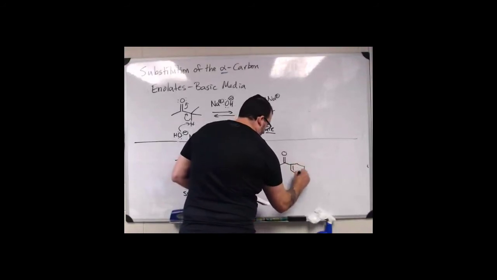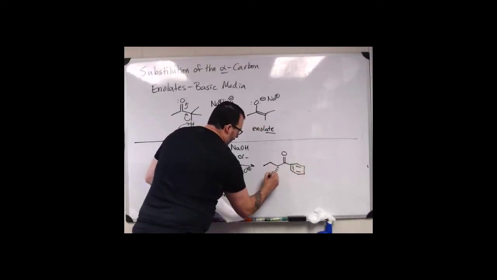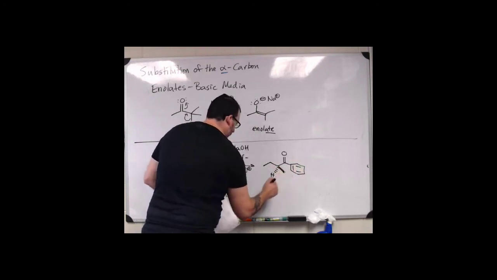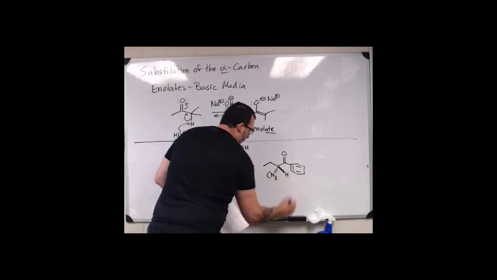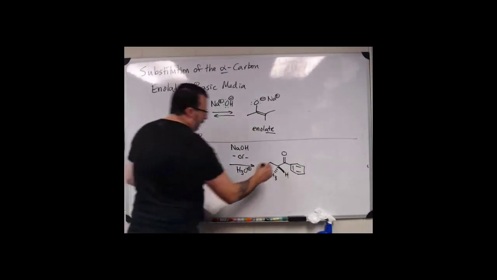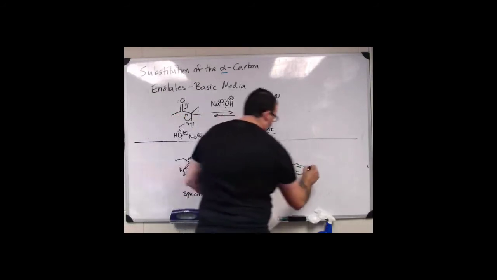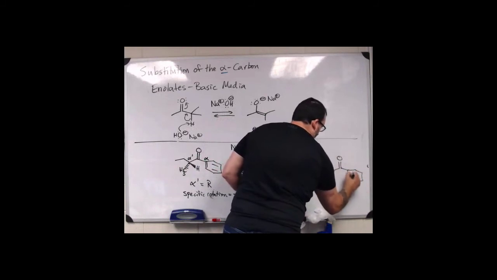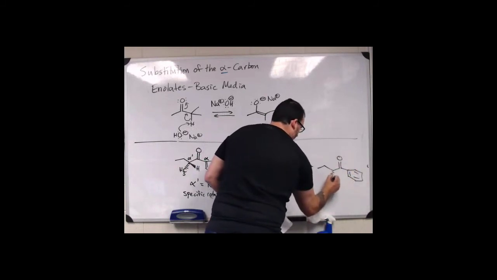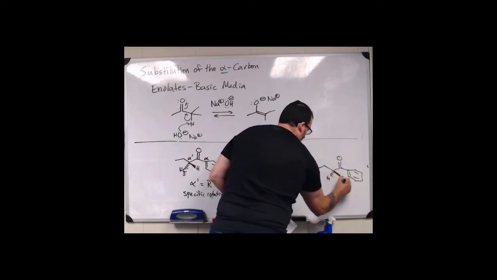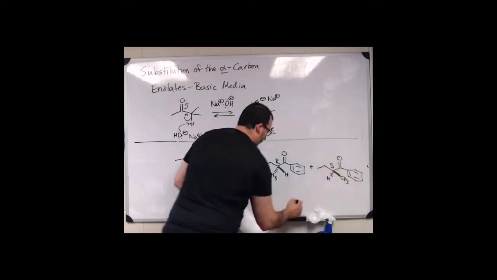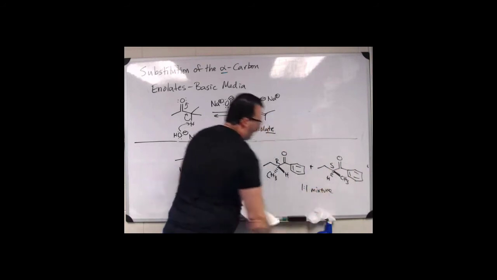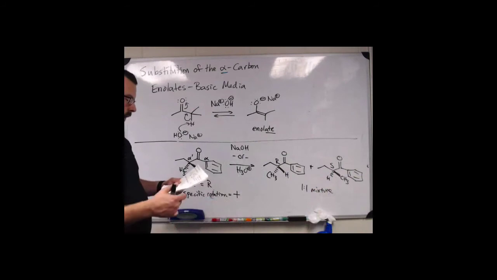So you will end up with a 1-to-1 mixture of the R to the S. So this is a racemic mixture when it's 1-to-1.